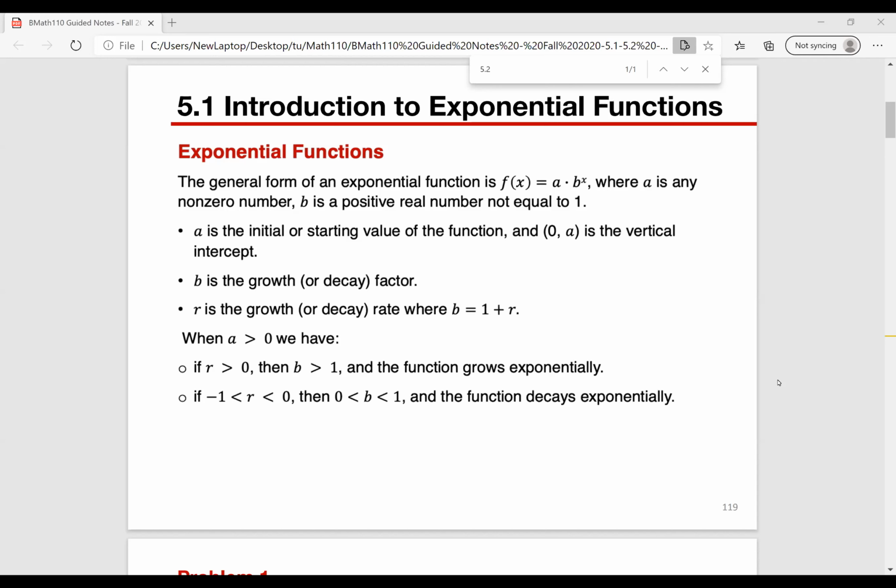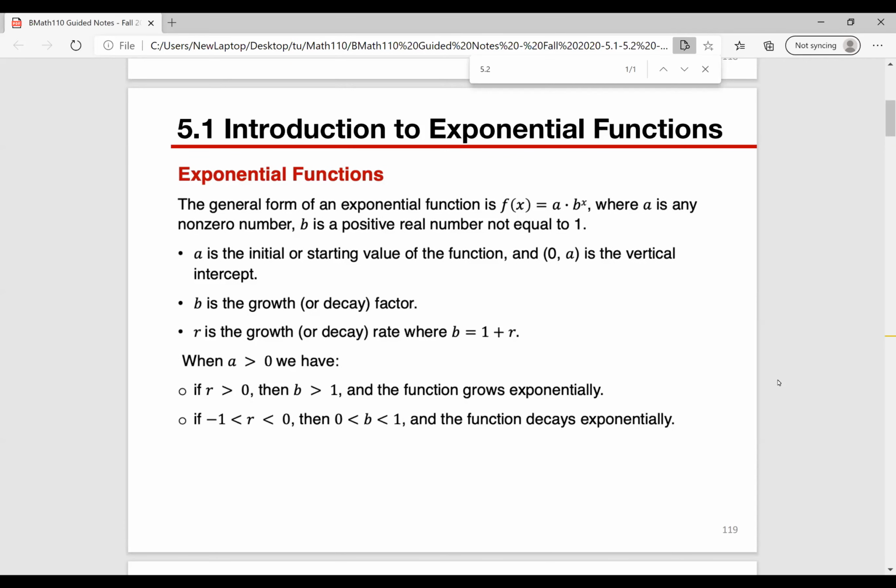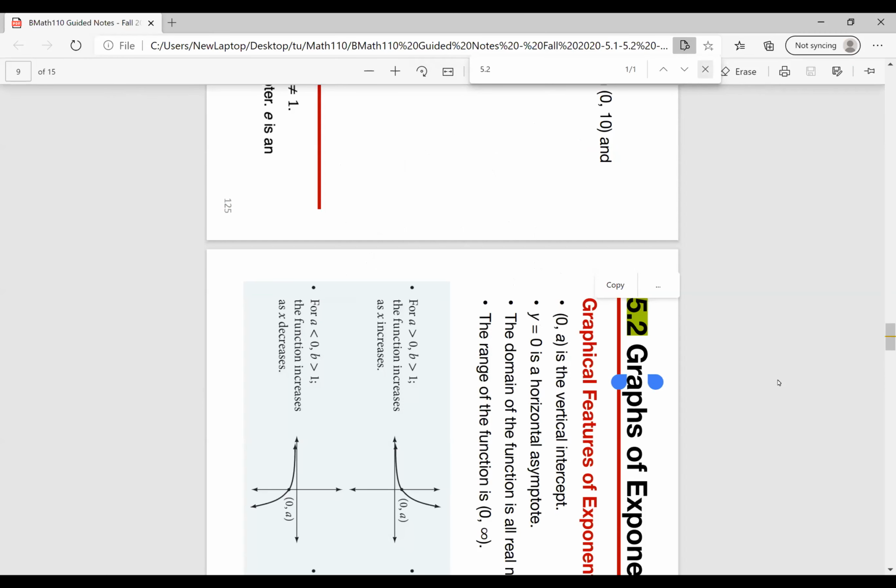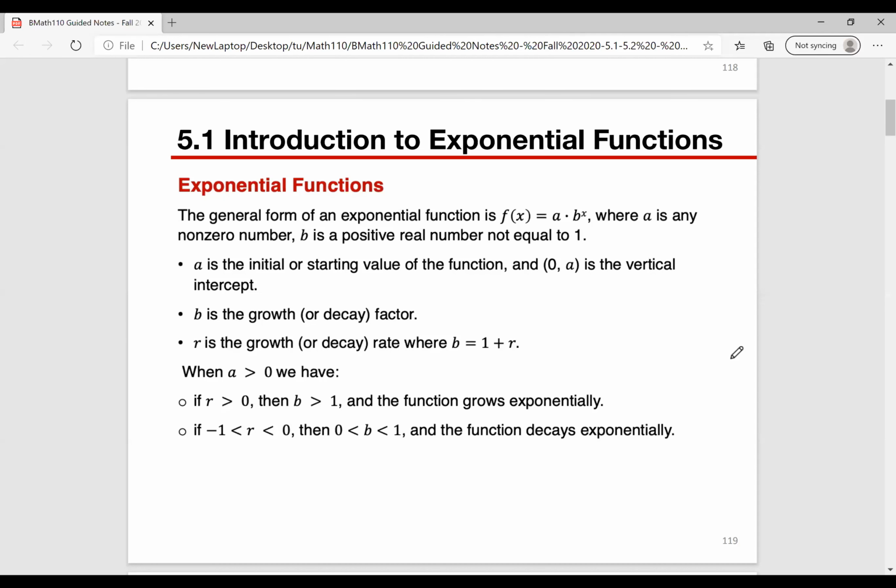Okay, so the exponential function in the general form is f(x) = a times b^x.